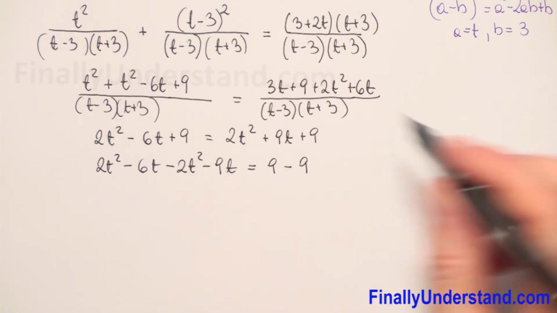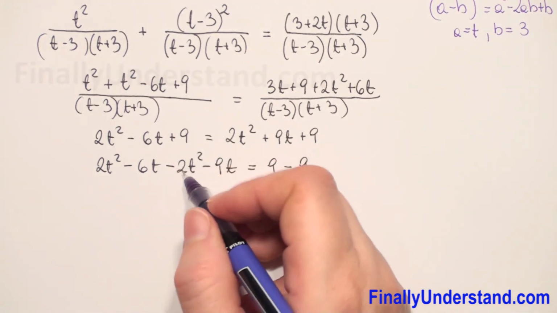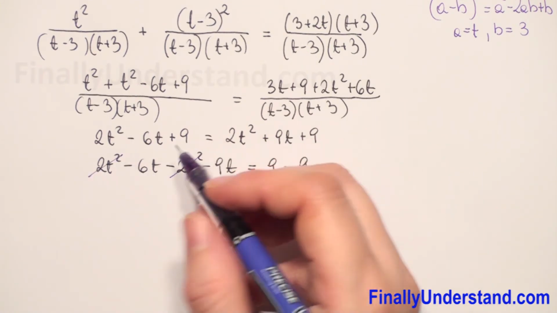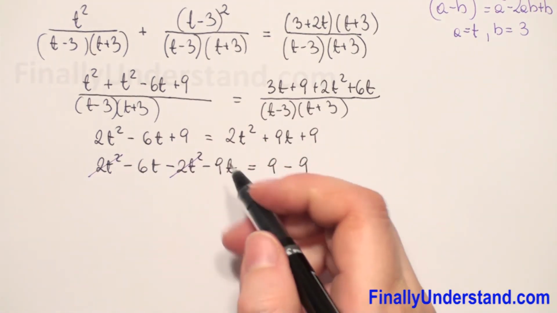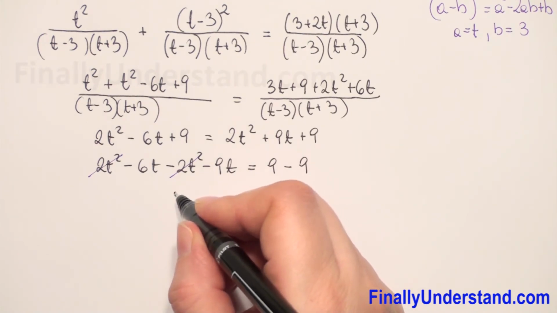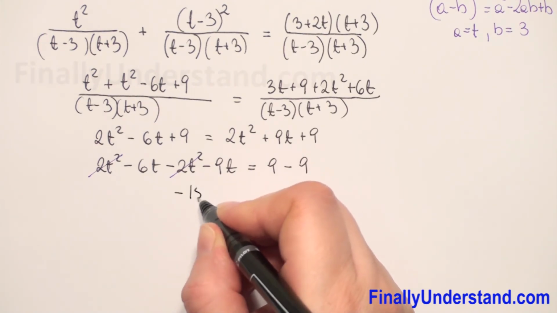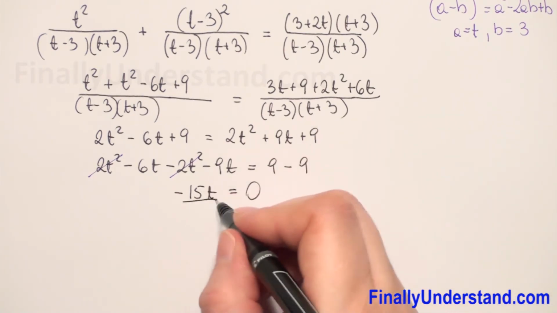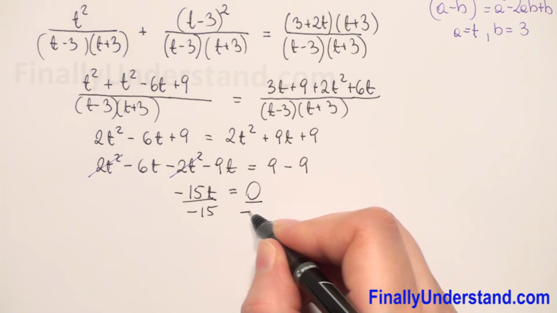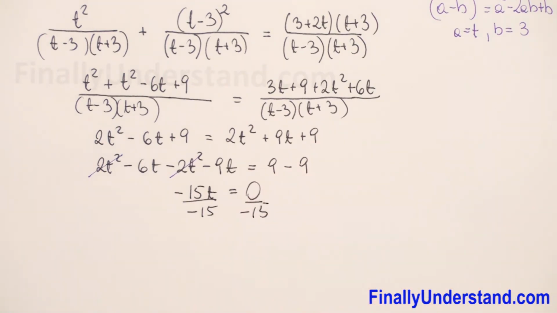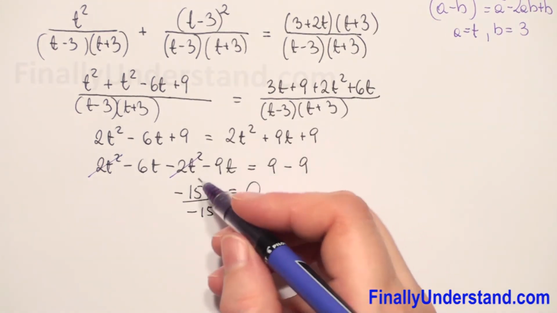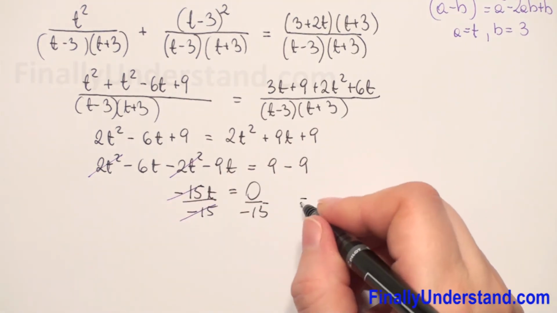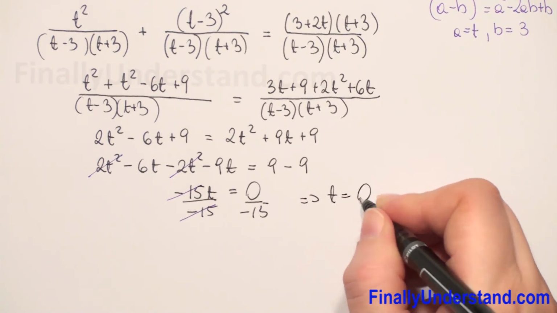So now we see that 2t squared and negative 2t squared cancel out, so we have negative 6t and negative 9t, so this is equal to negative 15t is equal to 0. Now we have to divide both sides by negative 15. 0 divided by negative 15 is 0, and negative 15 we reduce. So we have that t is equal to 0.